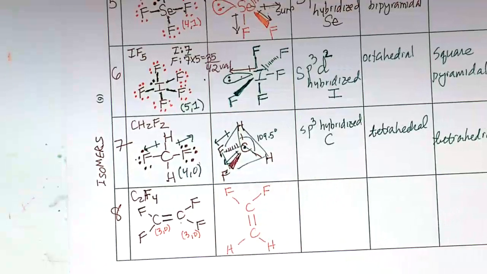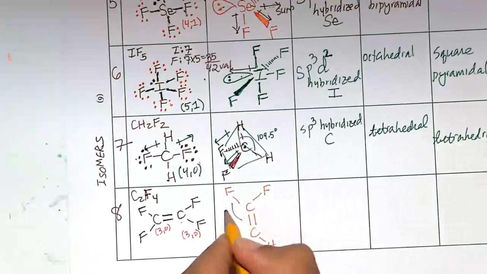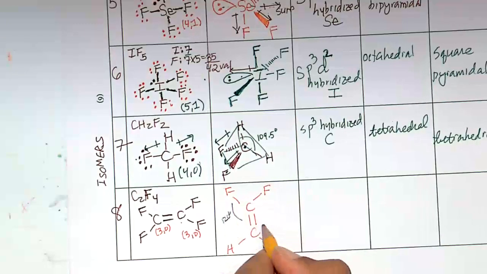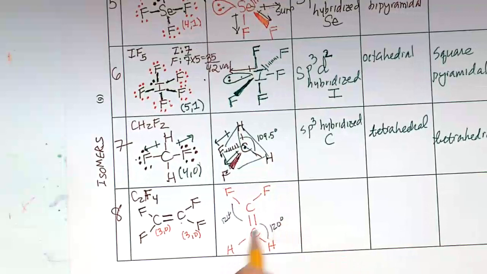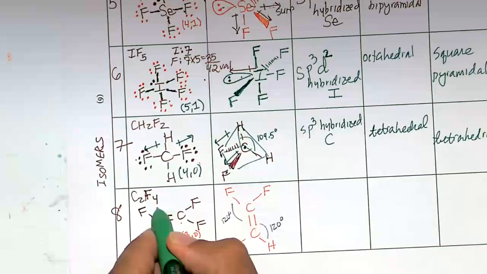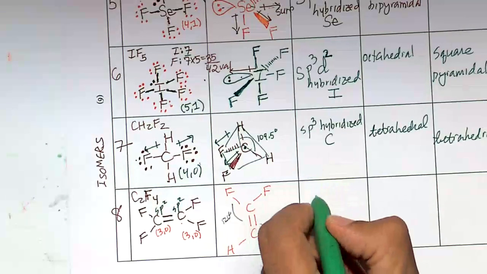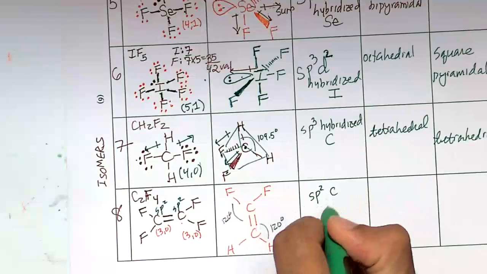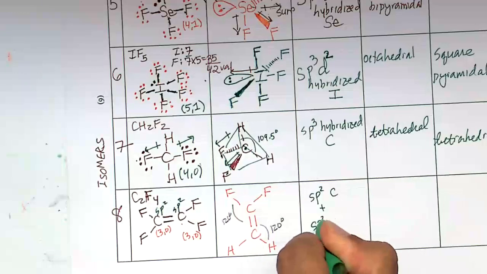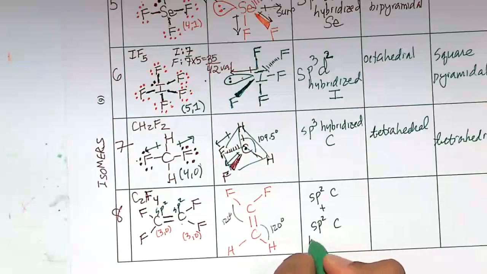Okay, 120 degrees. This is what C2F4 looks like: an sp2 carbon here and an sp2 carbon there, so an sp2 carbon plus another sp2 hybridized carbon.